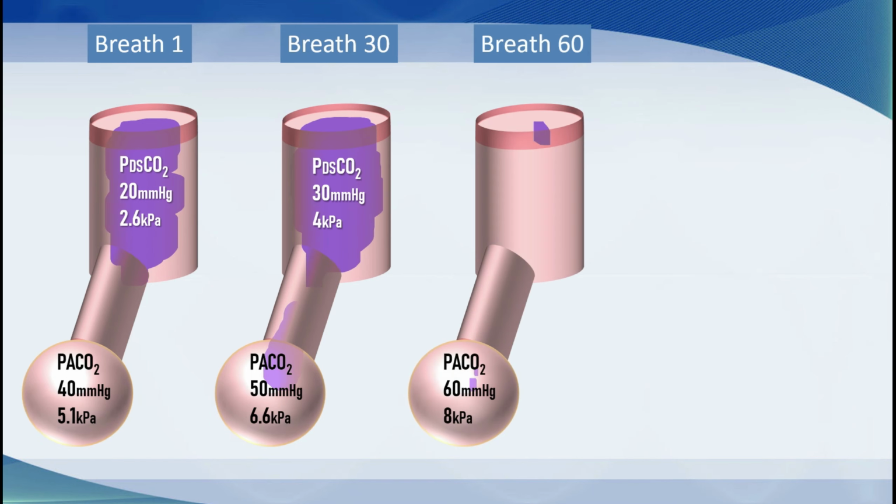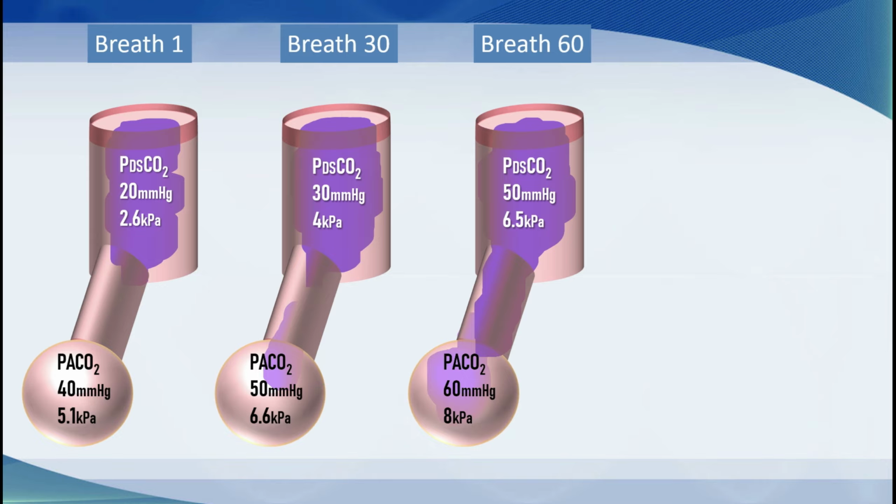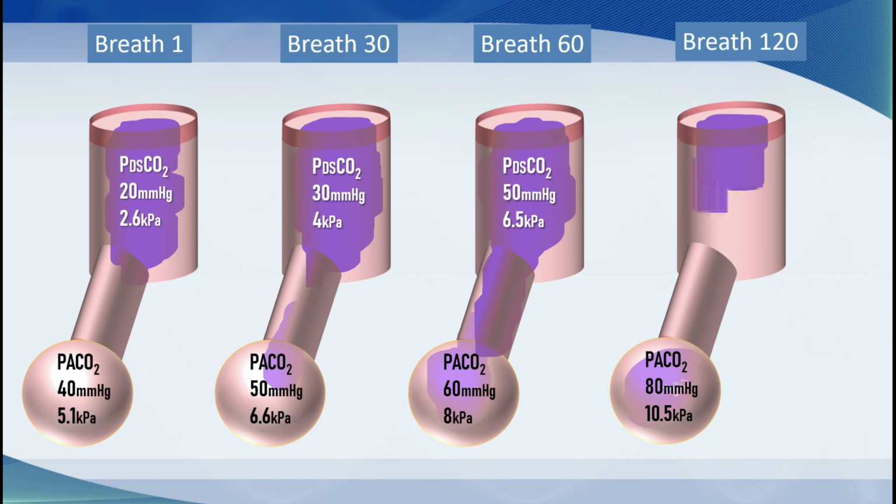By breath 60, the partial pressure of CO2 in the alveoli is 60 millimeters of mercury. The dead space CO2 has increased quite substantially up to 50 millimeters of mercury or 6.5 kilopascals. And if hypoventilation persists at this level, the patient's PaCO2 will go up to 80 millimeters of mercury or about 10 kilopascals, with a dead space CO2 of 70 or 9 kilopascals.